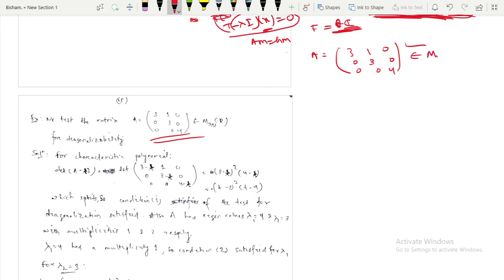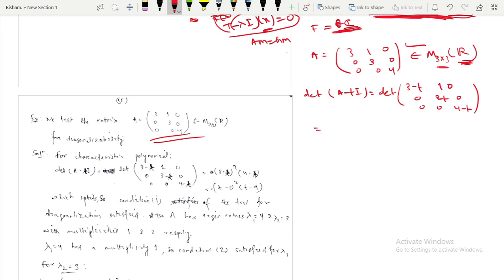This is in M3 cross 3 of R, which means the field is the set of real numbers, and this is a 3 by 3 matrix. So what is the determinant of A minus tI? It is the determinant of 3 minus t, 1, 0, 0, 3 minus t, 0, 0, 0, 4 minus t.